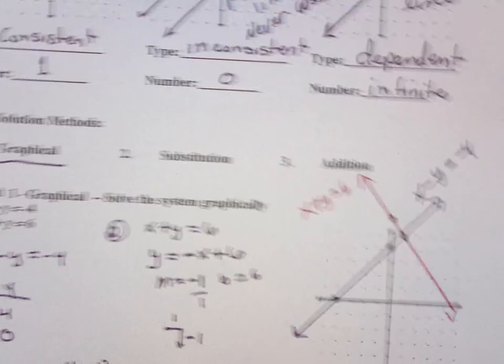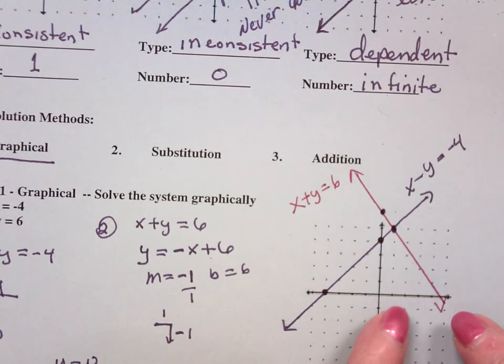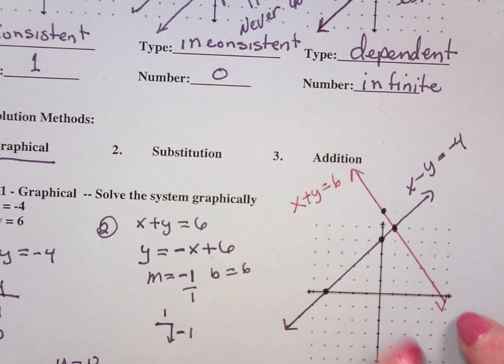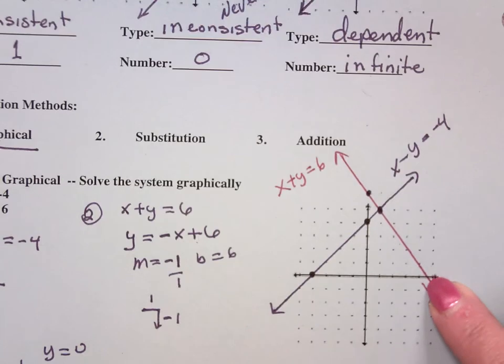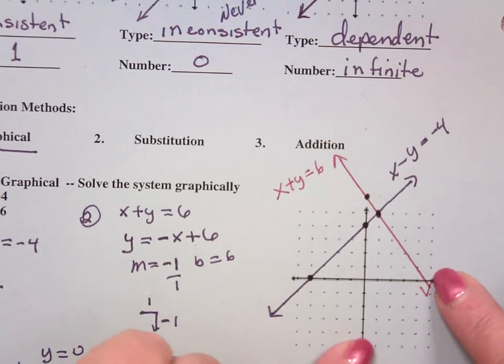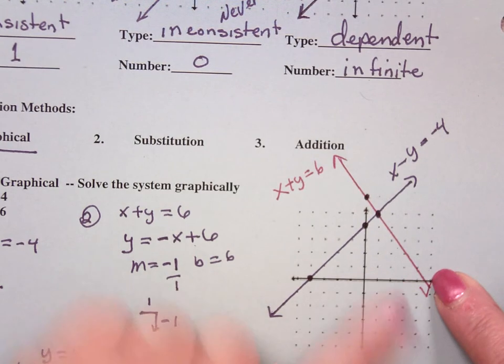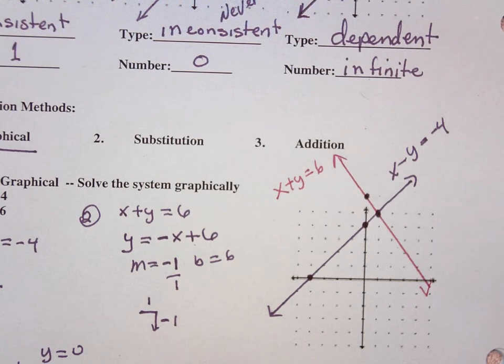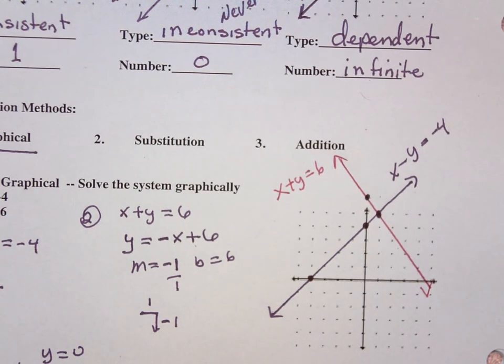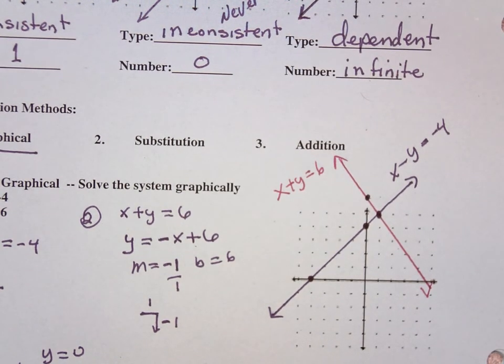By the way, I can tell you right now my line is off. Why am I saying that my line is off? What does this say the x-intercept is? What does it look like? About 4.5. Is the x-intercept 4.5? No, it's 6. So that line is slightly skewed.